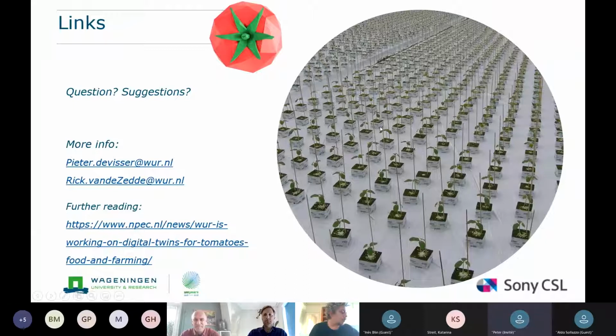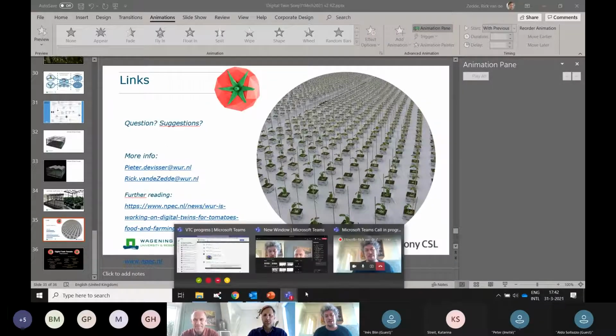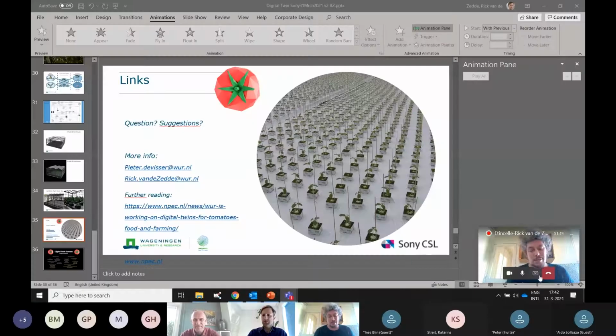Maybe I can start with some. First, thank you very much. I think it's a really exciting domain, like the interaction of modeling and robotics and computer vision. You could almost see the greenhouse as a robotic system where you use control based on a model to drive the growing of plants.